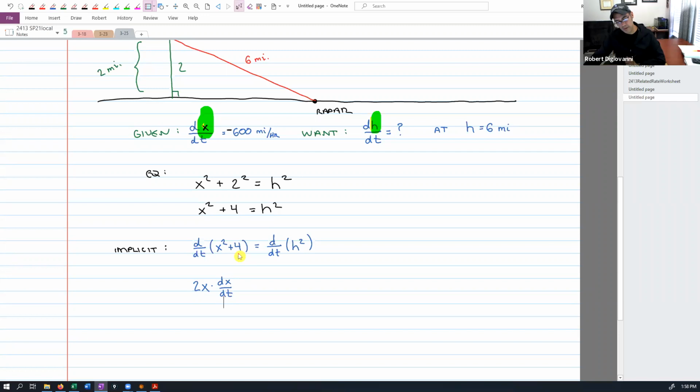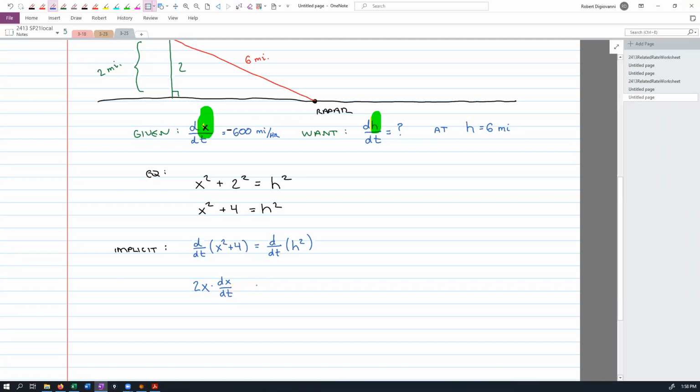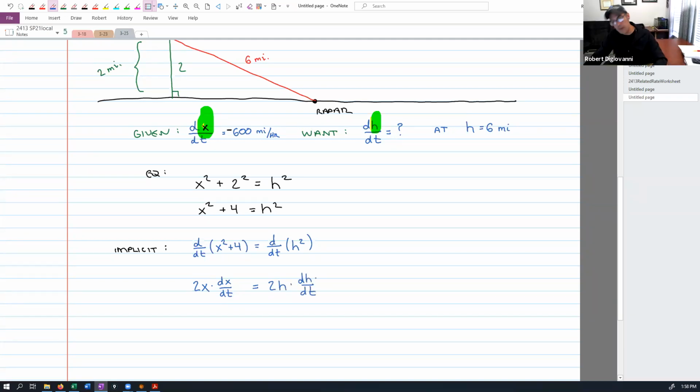What do you think? Derivative of a constant would be 0. Okay, so I can put here plus 0, or I can just leave it out. Just leave it out. Okay, so that's the derivative of the left side. What about the right side? So the right side would be 2h times dh over dt. Perfect. Good job, Carla. You're off the hook. Does anybody have any questions over that?